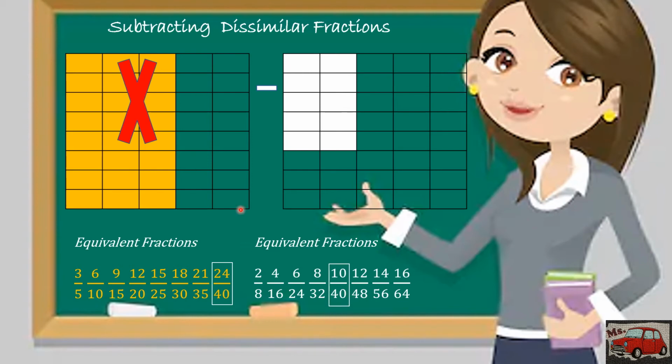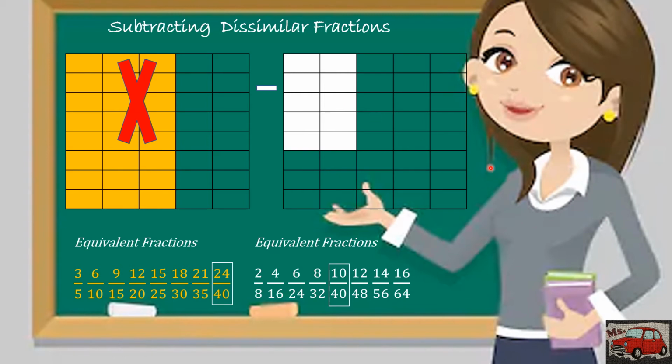So, in this case, gagawin tayo ng 40 na parts kada figure. So, nung ginawa natin na 40 na parts yung 3/5, ngayon, ang bago niyang shades is 24. So, kung bibilangin yung orange, that is 24. Okay? Si 2/8 naman, nung gumawa tayo ng 40 parts, yung shades niya na 2 naging 10. So, 10 yung shades niya ngayon. Okay?